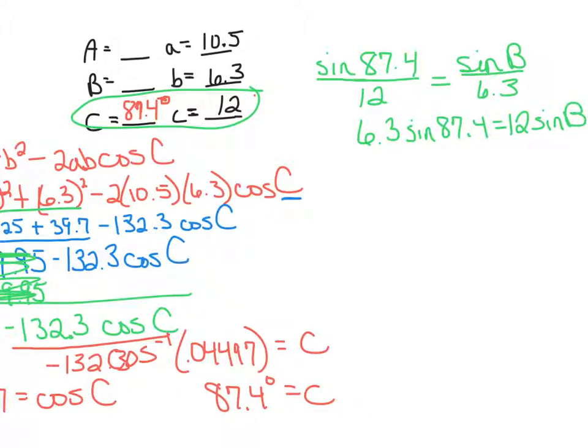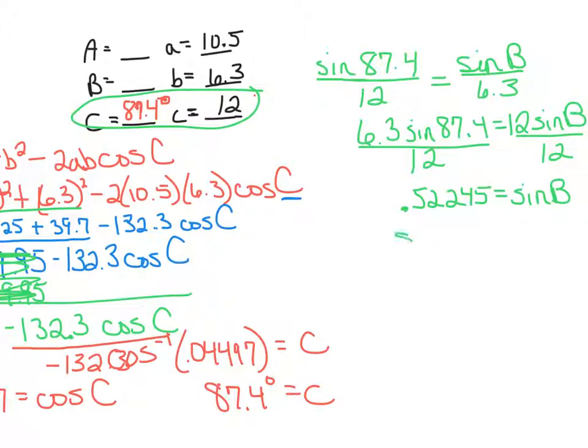Okay, I divide each side by 12. And that gives me 0.52245 equals sine B.